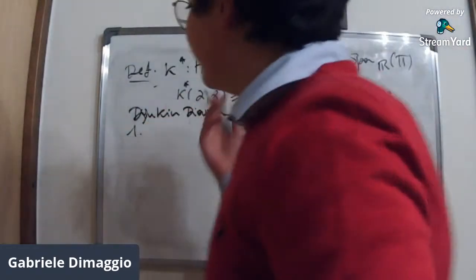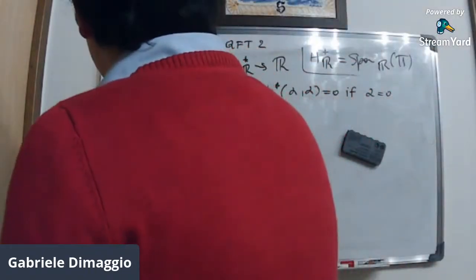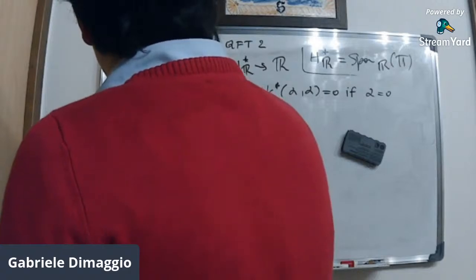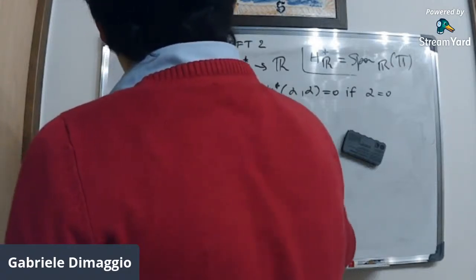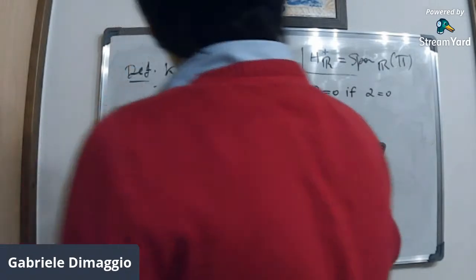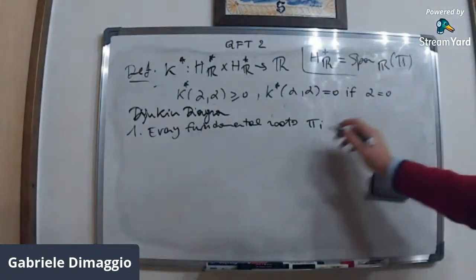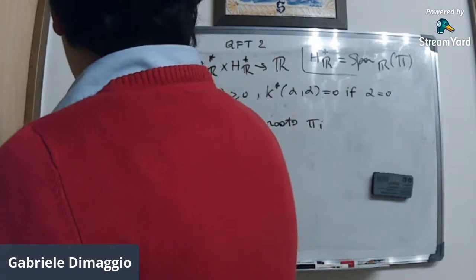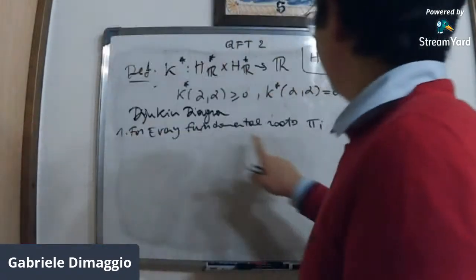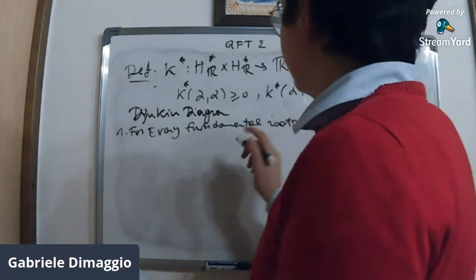The first rule is that for every fundamental root pi i, draw a circle.